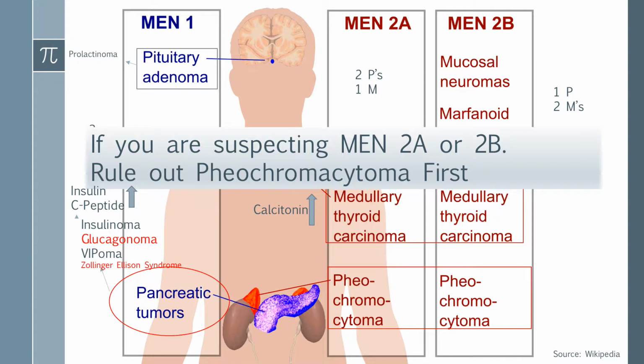So if they have medullary thyroid carcinoma, before you take them to the OR or do anything, you want to rule out if they have pheochromocytoma, right? Actually, 25 to 50% of people who have medullary thyroid carcinoma actually have MEN disease. So this is where you get worried. And medullary thyroid carcinoma, as we'll discuss, releases calcitonin, and that'll be your number one. But what I want you to get from this slide, we covered this ad nauseam in the endocrine lectures, is that if you have medullary thyroid carcinoma, you want to rule out pheo first, because that's a surgical emergency.